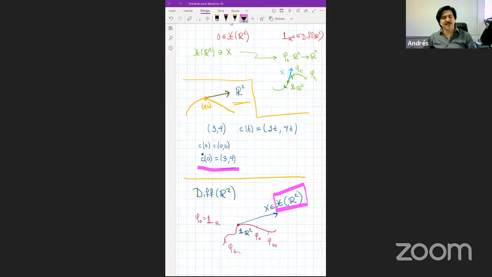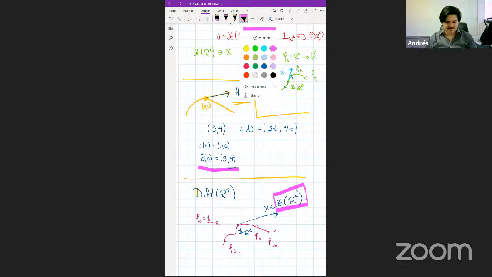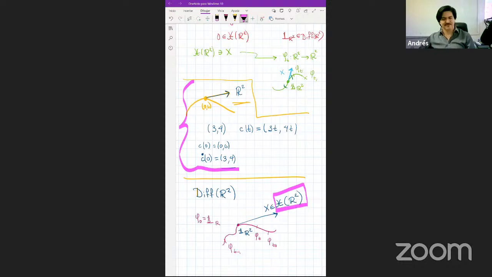It is an infinite dimensional vector space. So that's why I said that this is the infinite dimensional version of this problem. Finding the flow is the infinite dimensional version of this elementary problem.